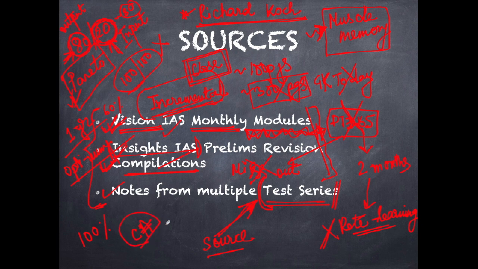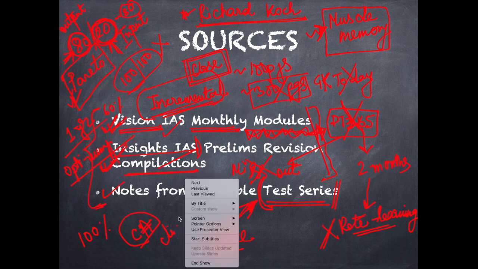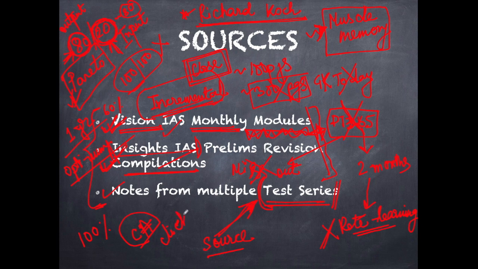They are just there for revenue generation, nothing else. Please stay away from these classes, because ideally for current affairs you do not need classes. Stay away from them and save your own time.